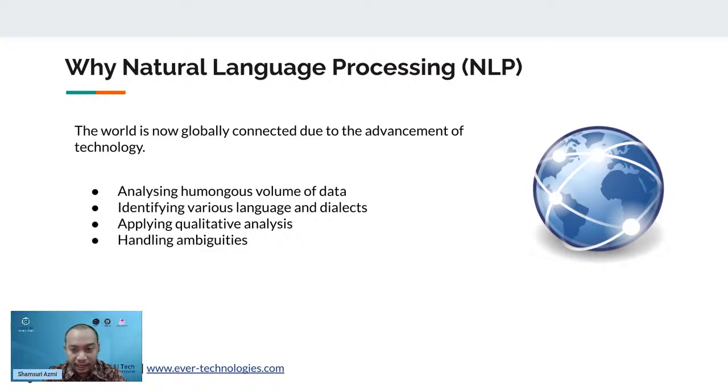Second, identifying various languages and dialects, of which we have approximately 6,500. And third, applying quantitative analysis on huge collections of datasets. And fourth, handling ambiguities while interpreting data and extracting information.